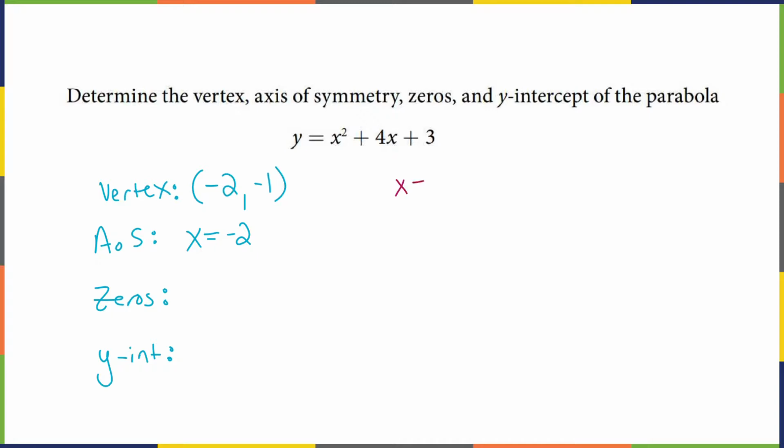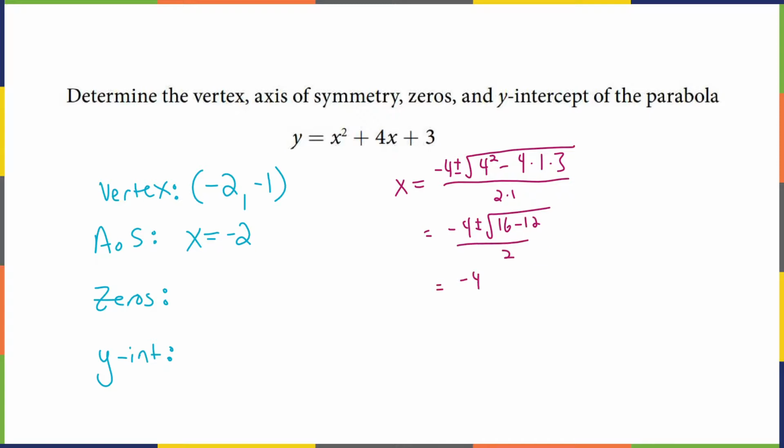So we have x equals negative b plus or minus the square root, b squared minus 4ac all over 2a. This is negative 4 plus or minus the square root of 16 minus 12 over 2. Negative 4 plus or minus the square root of 4 over 2. Negative 4 plus or minus 2 over 2.